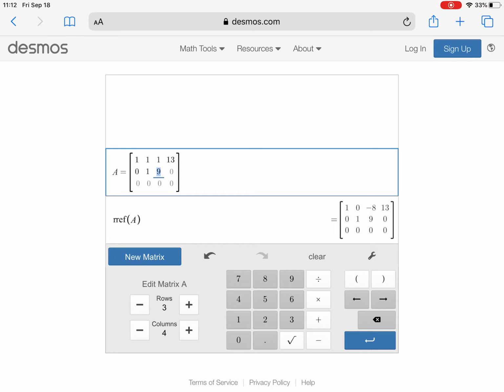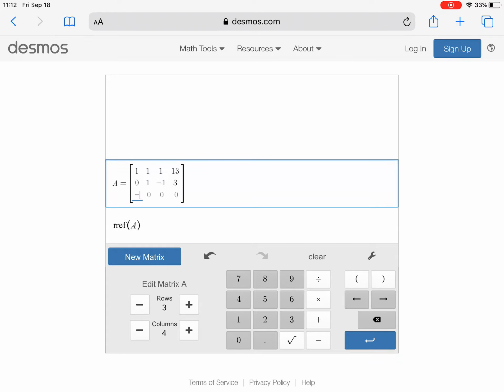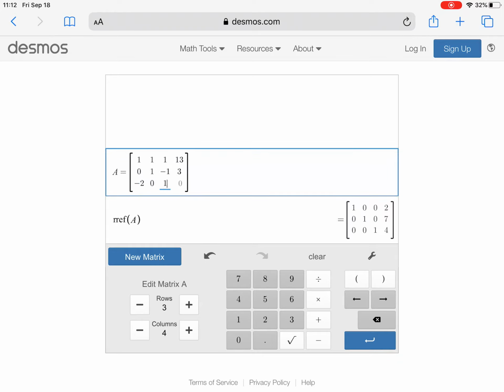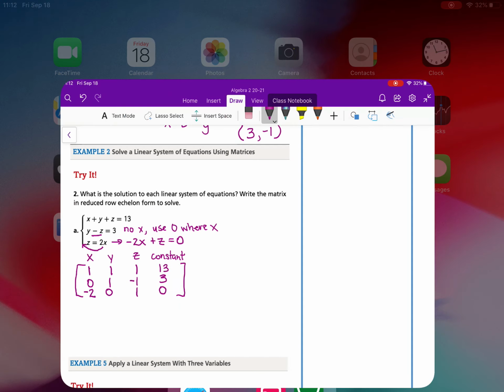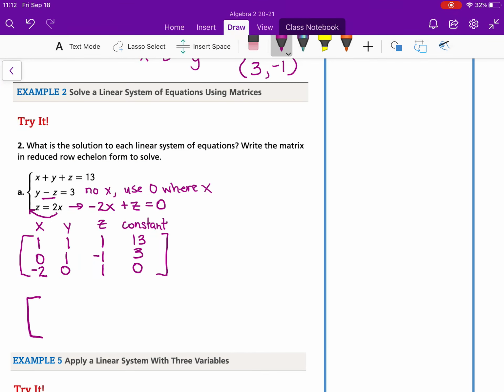I got smart and wrote this down elsewhere so that you don't have to get dizzy watching me go back and forth. So 0, 1, negative 1, 3. And then negative 2, 0, 1, 0. All right. So the nice part about this is it is still keeping my RREF A. But it changed it accordingly. So now my answer is 2, 7, and 4.